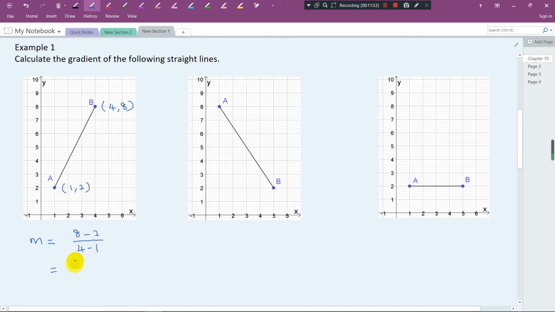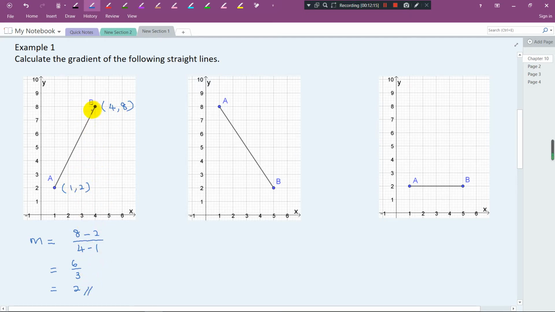Okay, so this is 6. This is 3. 6 divided by 3, you get 2. The gradient of this straight line is equal to 2. If you want to go another way, you take 2 minus 8 divided by 1 minus 4, you get exactly the same thing.